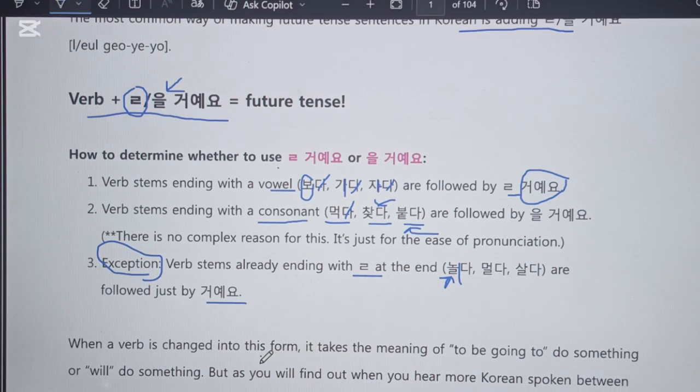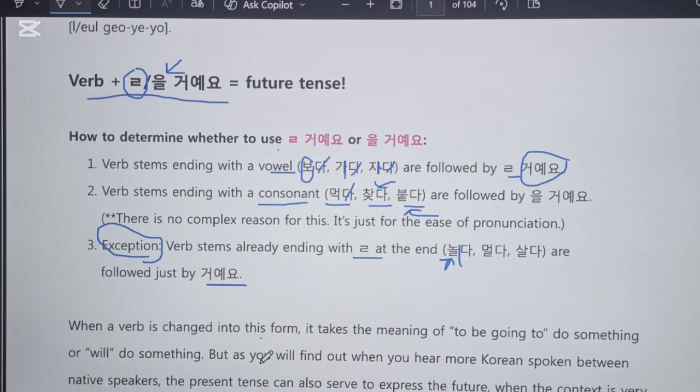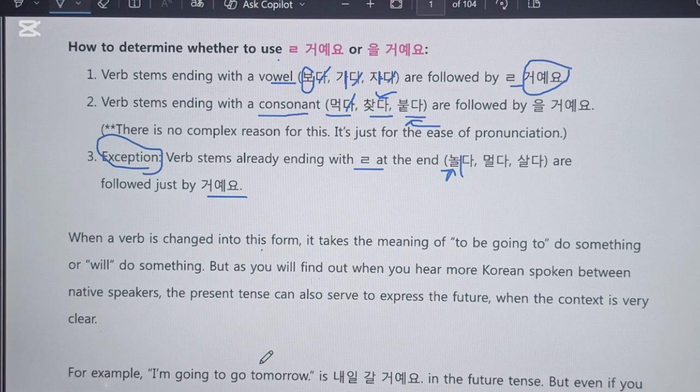So here they're telling us that when a verb is changed into this form, into the form of ㄹ 거예요 or 을 거예요, it takes the meaning of to be, going to, or will, like it takes a future form. For example, if we just use the verb stem of the verb hada, to do something, right?